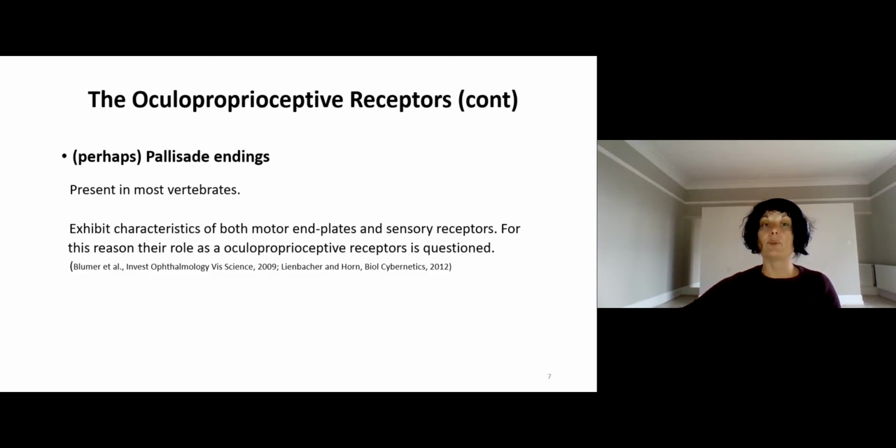What other possible receptors are there in the extraocular muscles? Some authors have proposed that palisade endings, which are specific for the extraocular muscles and do not occur in any other muscle in the body, might function as somatosensory ocular proprioceptive receptors. The most attractive feature of these receptors is that they are present in most vertebrates.